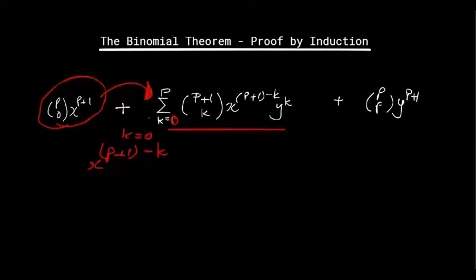And then it's going to be y to the power of k, but k equals 0. So it's still the same term. Now, what's going on here? Well, we're going to have k down here, but k is 0.